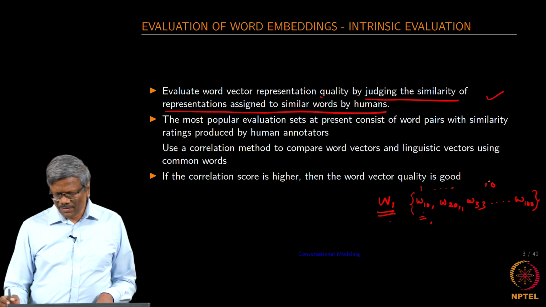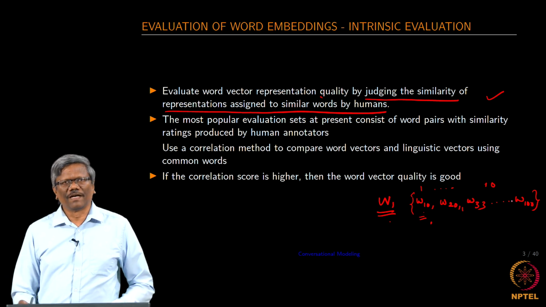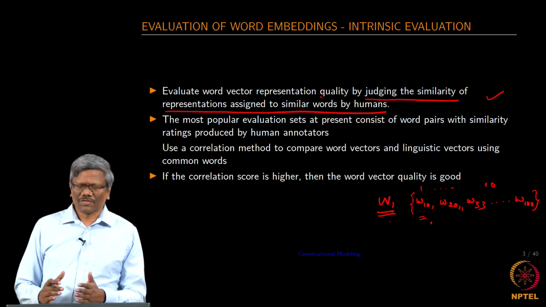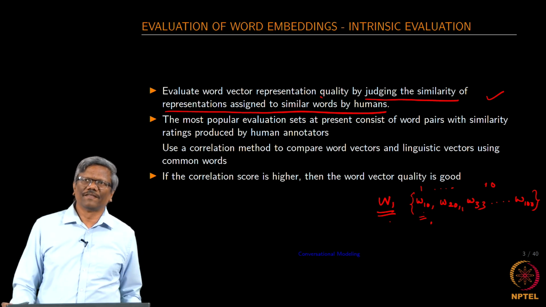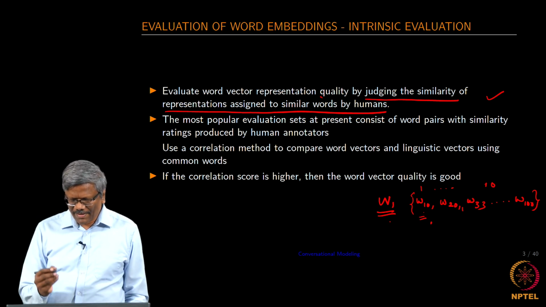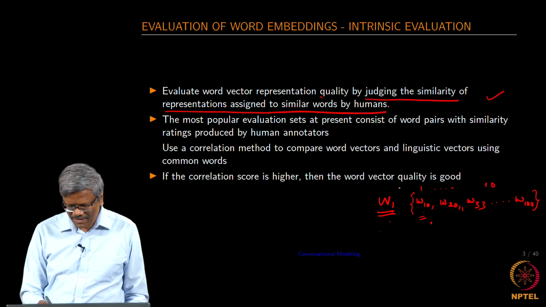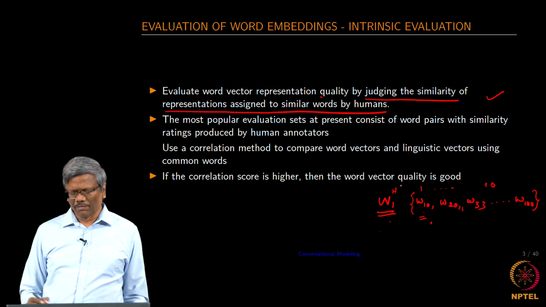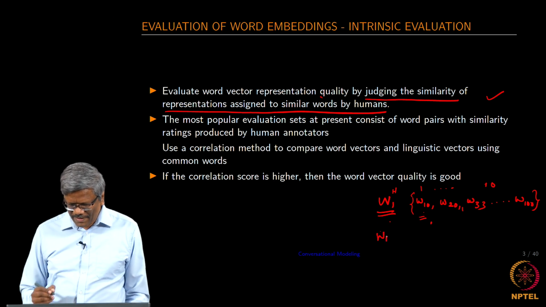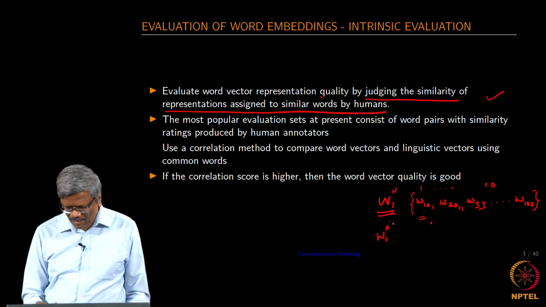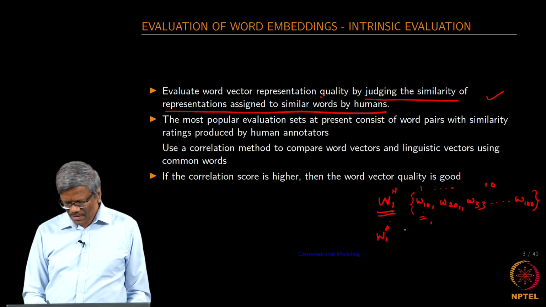So, in the scale of 1 to 10 you can provide the values and then use those values to compare the word embeddings created by the automated systems. For example, this is the human evaluation. Let us assume that for the same word vector coming through the automated systems, we get something similar to this.